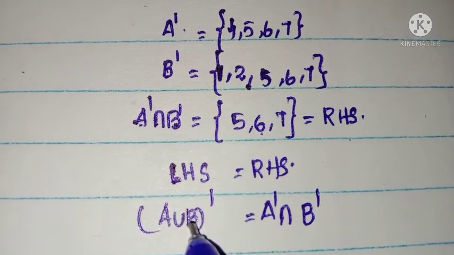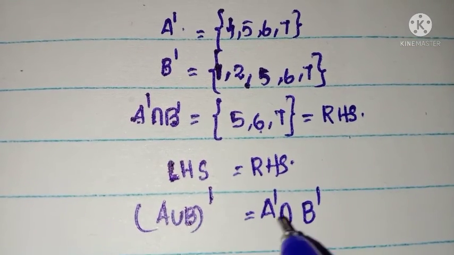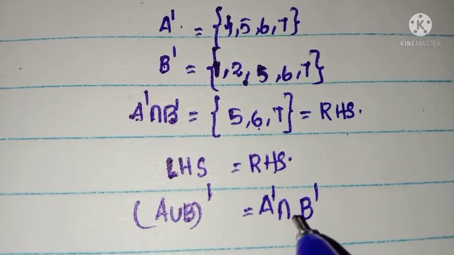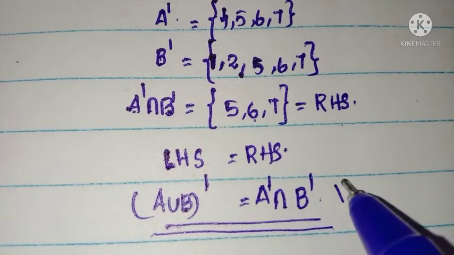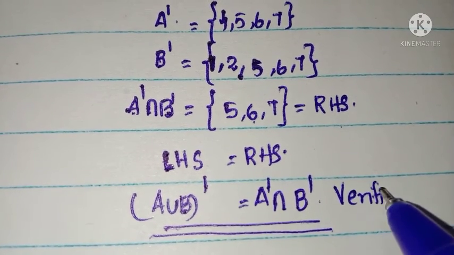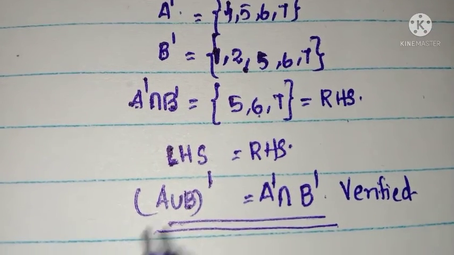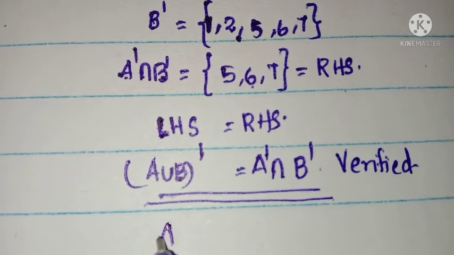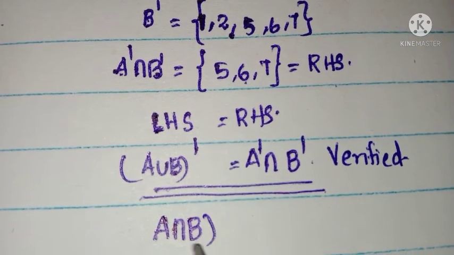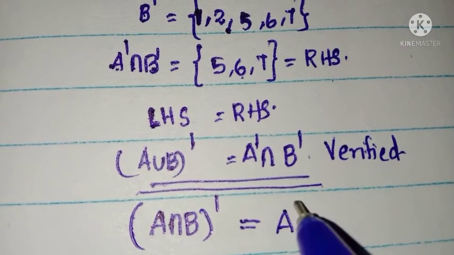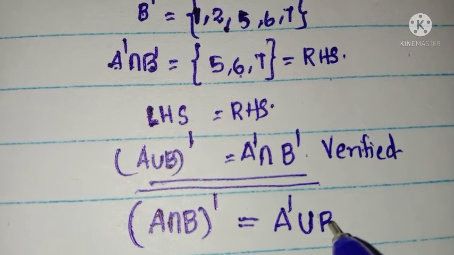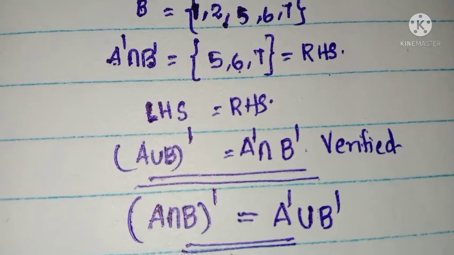Therefore, (A union B) the whole complement is equal to A complement intersection B complement. Okay. So we verified one of the results in De Morgan's law. Similarly, we can verify the second result also: (A intersection B) the whole complement equal to A complement union B complement. Okay.